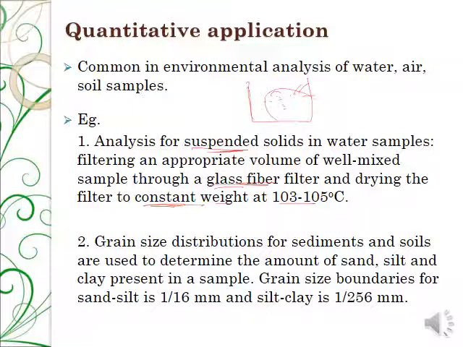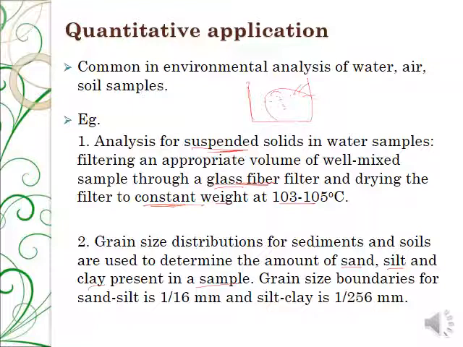The second example is grain size distribution for sediment and soil samples. This will be able to determine the amount of sand, silt, and even clay in a sample, because these three types of soil sample differ in terms of their grain size.